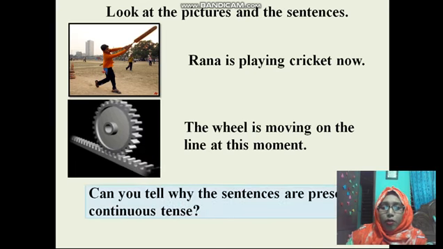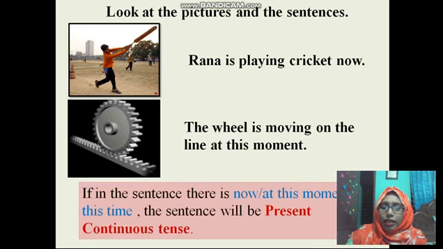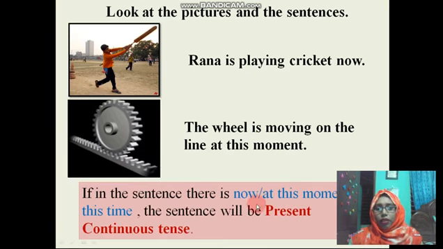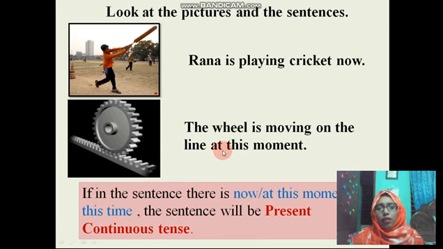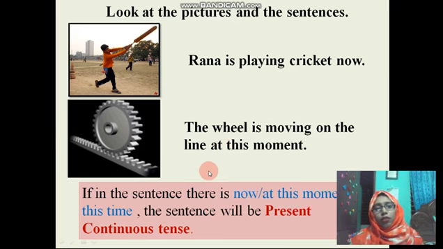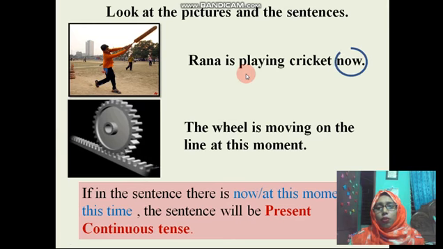Why? Because if in the sentences there is now, at this moment, at this time, the sentence will be present continuous tense. If in a sentence there is now or at this moment, the sentence must be present continuous tense. Continuous tense means continuing process. Here see, now.